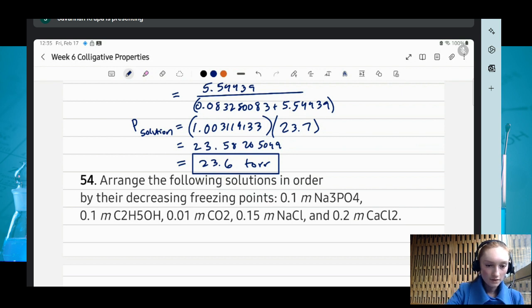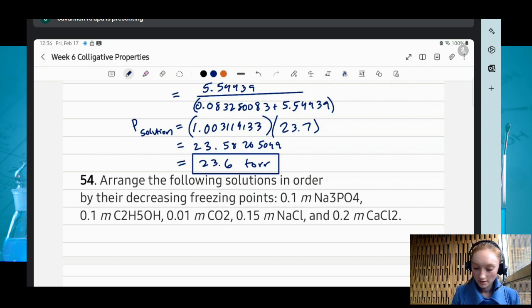How we go about solving this is very similar to how we define the colligative property, and that is on the basis of the dissolved particles in the solution accounting for how well it is able to depress the freezing point. If there are more ions, more particles in the solution, it is going to have a higher change in temperature, and so it's going to do a better job at depressing the freezing point.